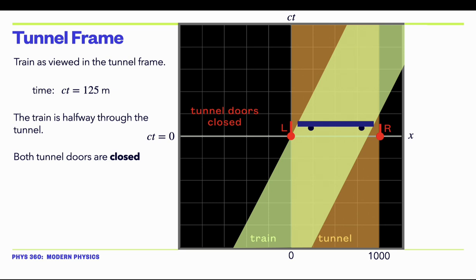We let ct evolve up to 125, that's half a square. We see that the train is roughly centered inside the tunnel, not exactly centered, but close. Both doors are still closed.